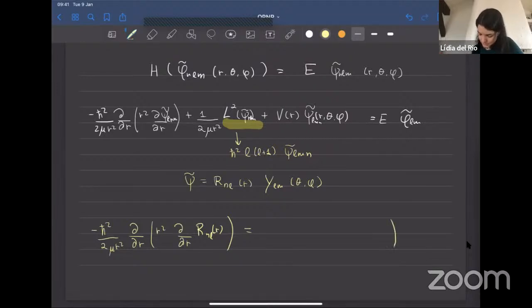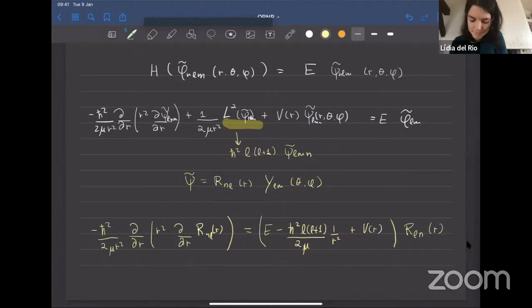So here is going to be the R_nl(r). And then what's left here is going to be the energy minus this part here, that's ħ² l(l+1) over 2μ times 1 over r², plus this V of r, which could still be anything, right? We've not done anything to it.